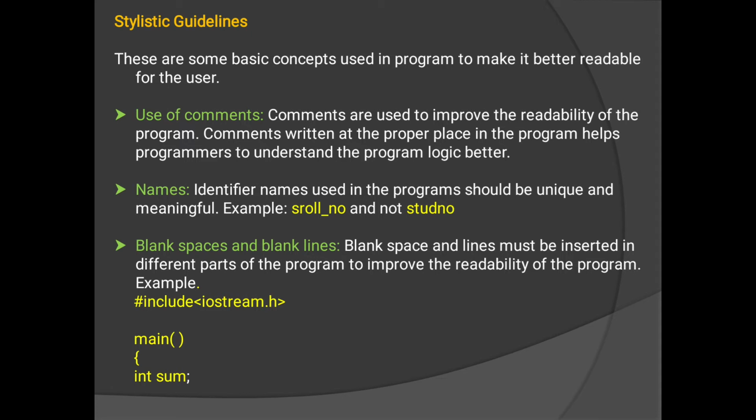Comments written at the proper place help programmers understand the program logic better. Suppose in the variable declaration section a single line comment is used saying these are the variables that are declared, so it tells the programmer this is where the variables are declared, and so on.